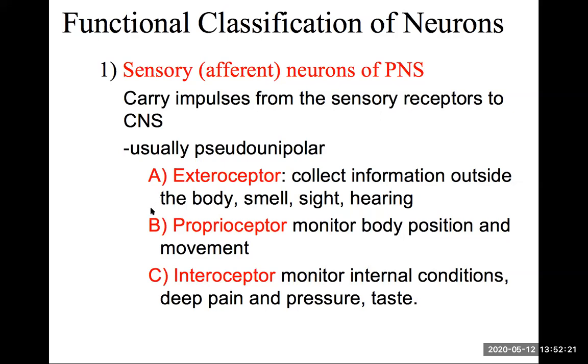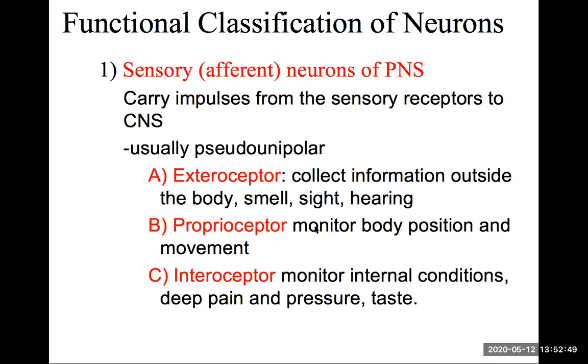So where are we going to find them? They are coming as exteroceptors. An exteroceptor is a type of neuron that's collecting information from outside the body. So this could be traveling from the eyes, from the nose, from the middle ear. They're giving you information about the world outside. So extero, think of the word external.